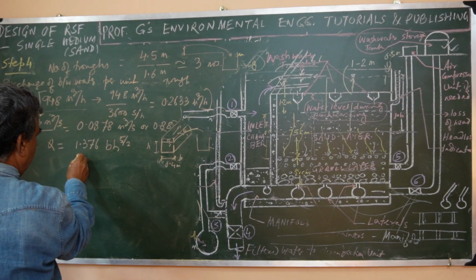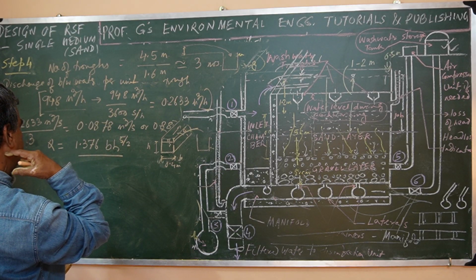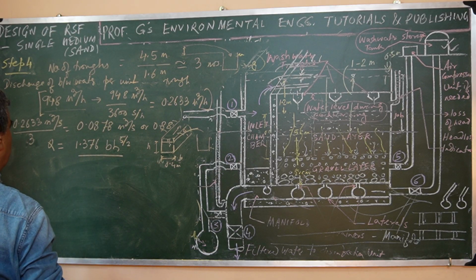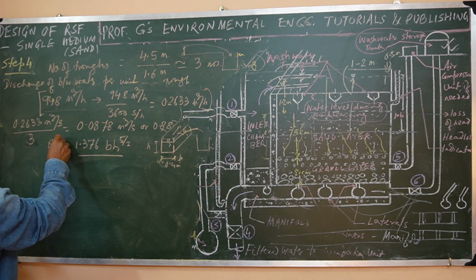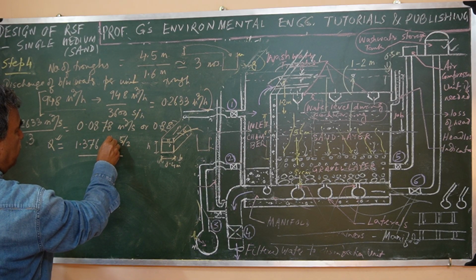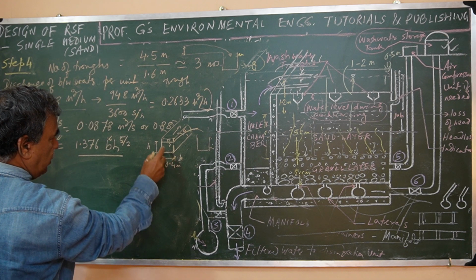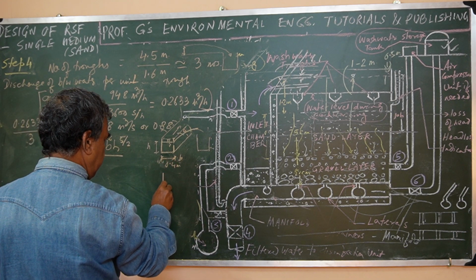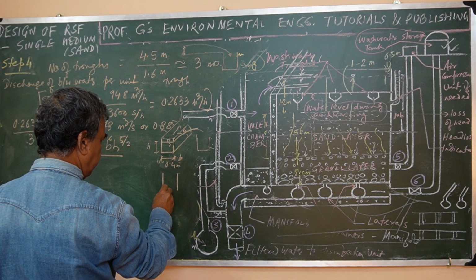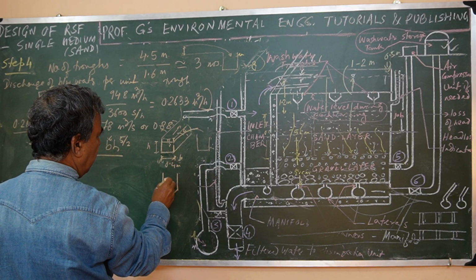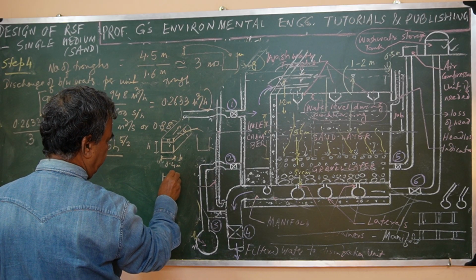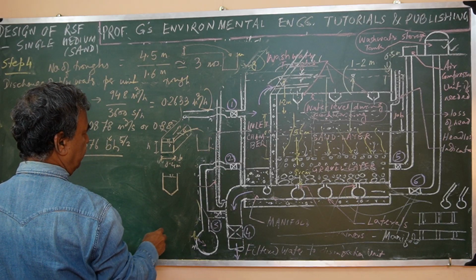Now this is the equation I have already explained, what is what. Q is the discharge rate, B is the width of this one, and the shape may be like this, suppose. Accordingly the hydraulics will be a little different, right?